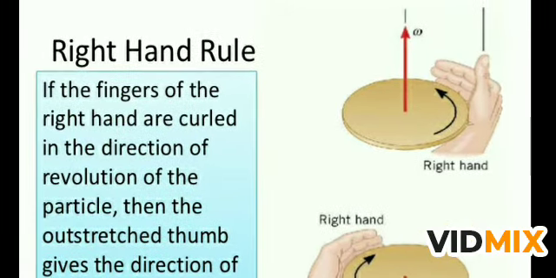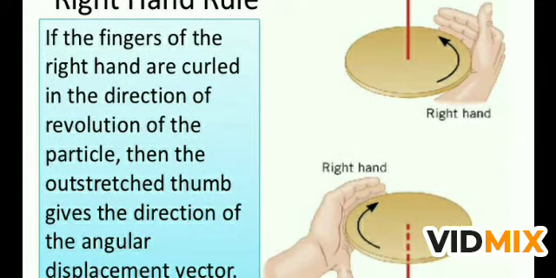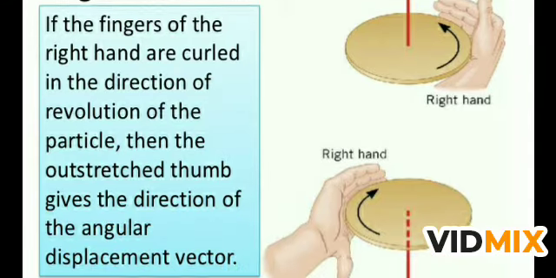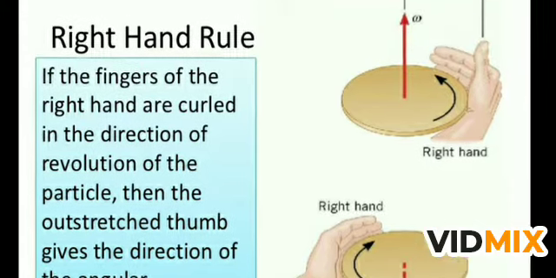Now if you see in this figure, if you curl your right hand fingers in the way the body is moving in a circle, then the red arrow is the direction of angular velocity. So with the help of the right hand rule, if the fingers of the right hand are curled in the direction of revolution of the particle, then the outstretched thumb gives the direction of the angular displacement vector.